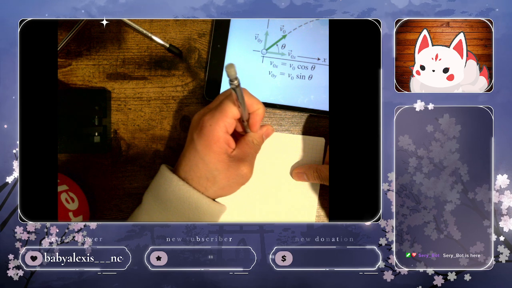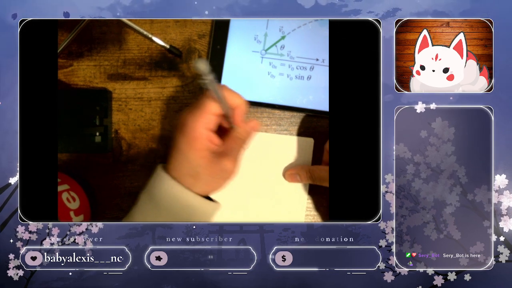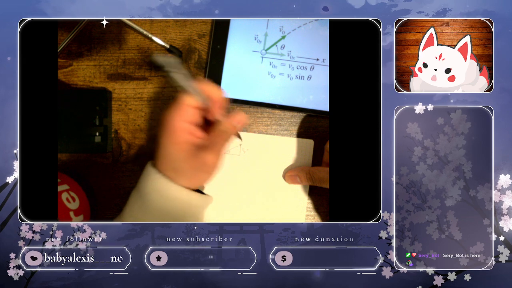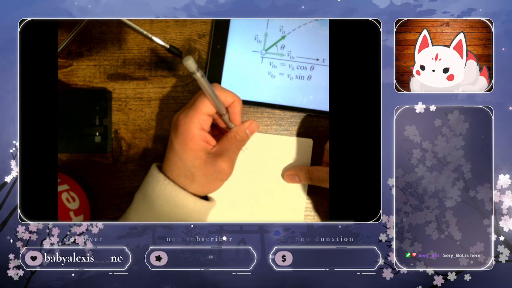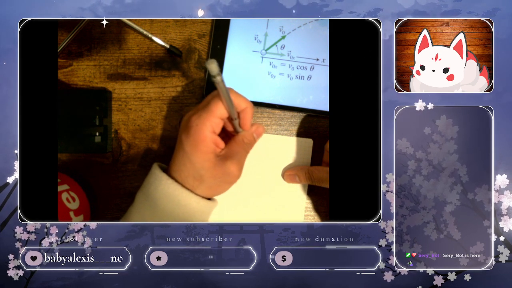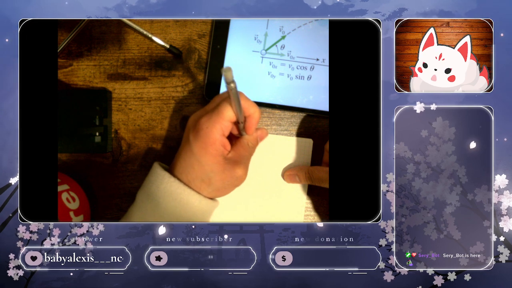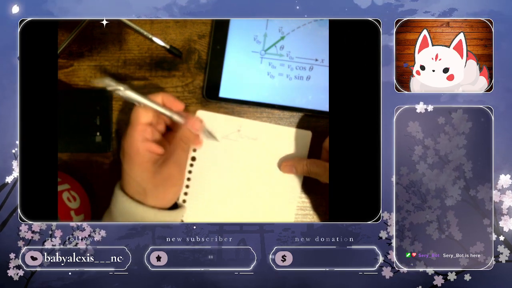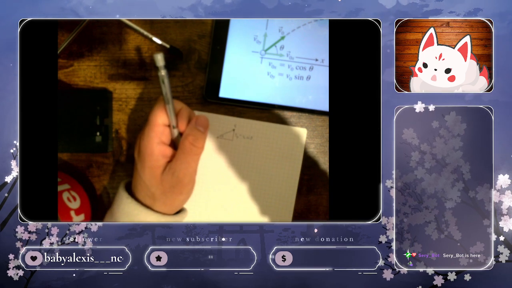V0y equals V0 sine theta. You've seen this. This is what I was trying to refer to.